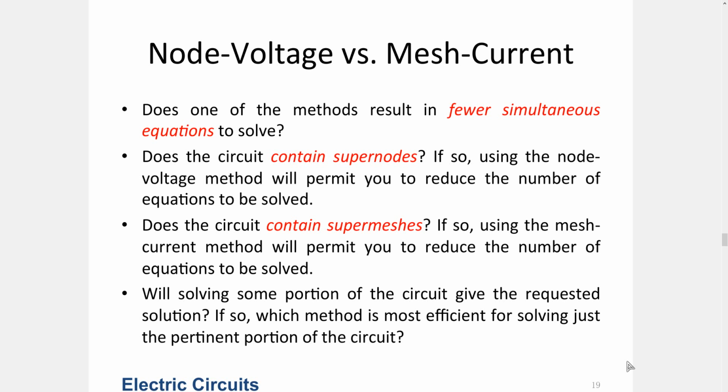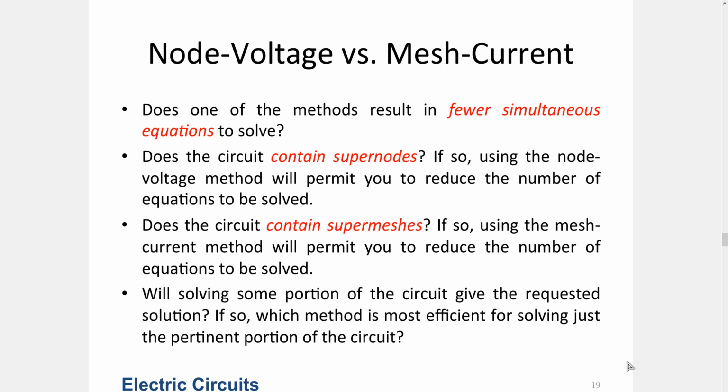You can also try to identify if the circuit contains supernodes, which eases the use of the node voltage method. If so, using the node voltage method will be a good choice. Otherwise, if the circuit contains any super meshes, you can take advantage and use the mesh current method to solve the circuit by reducing the number of equations.